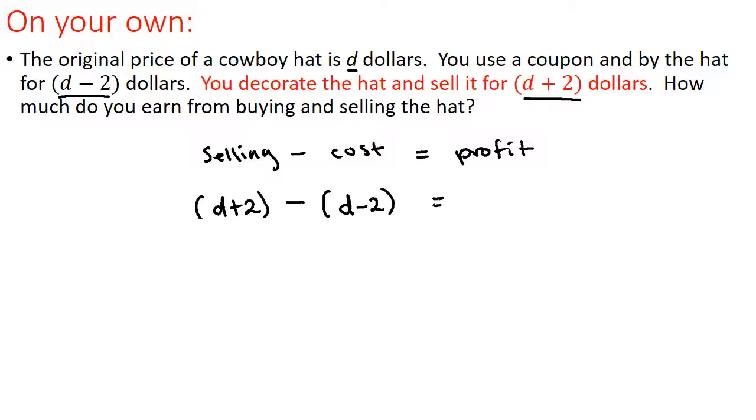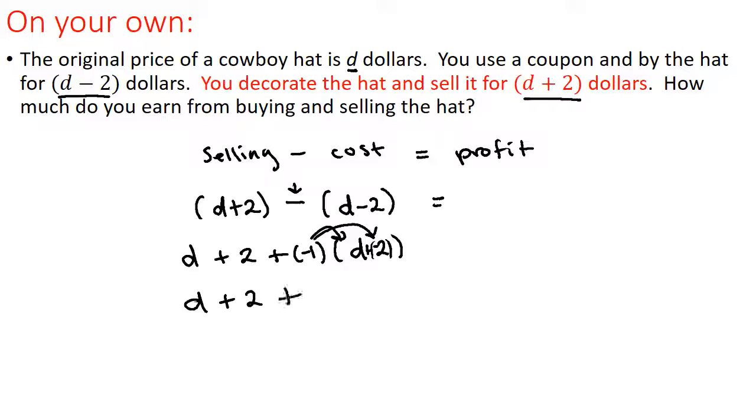Now as I look at this d plus 2, that's as simplified as it gets, so I can write that as d plus 2. I want this negative sign to turn into a plus negative 1 times this d minus 2, or plus negative 2. So this negative 1 can come in here and into here. So I have d plus 2 plus negative 1 times d is going to give me negative 1d, plus negative 1 times negative 2 is going to give me positive 2.